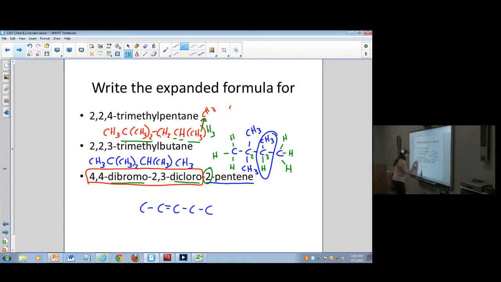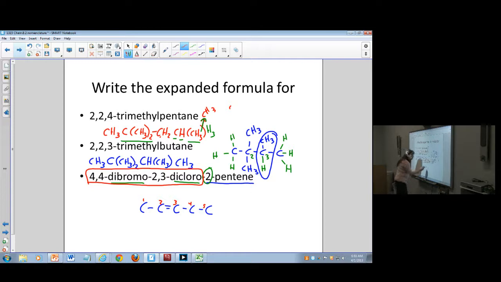So I'm going to start with the bromo, and it tells me it's at carbon 4. Well, I already know this is 1, 2, 3, 4, 5 because I set this when I made the double bond at 2 right here.